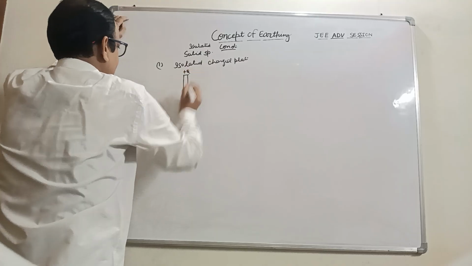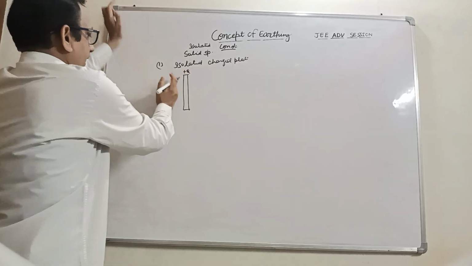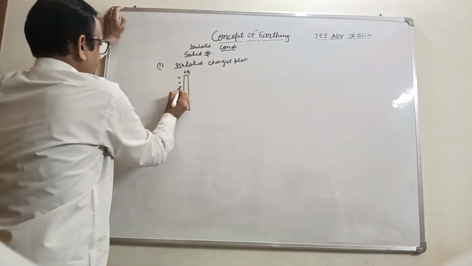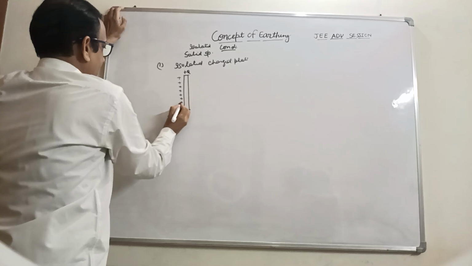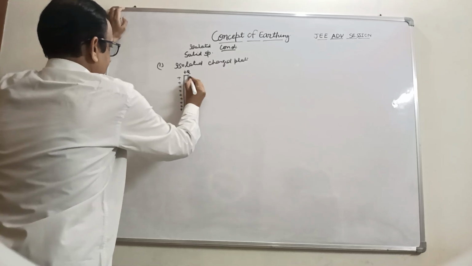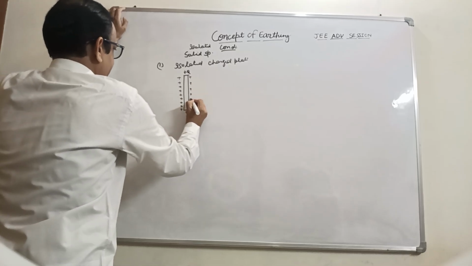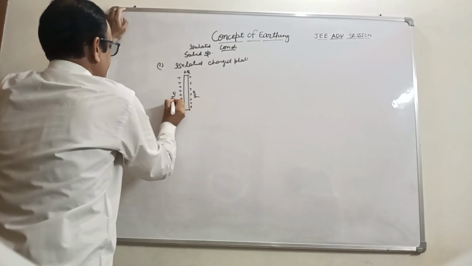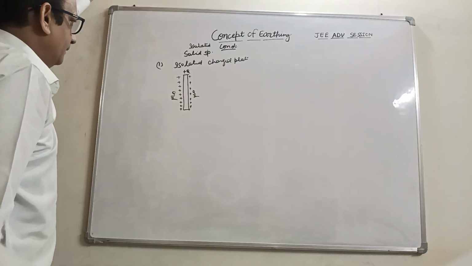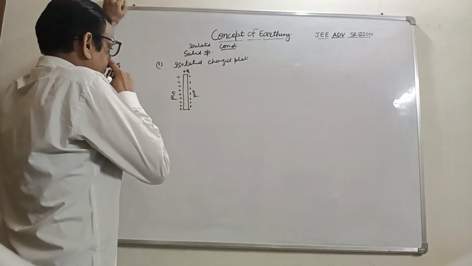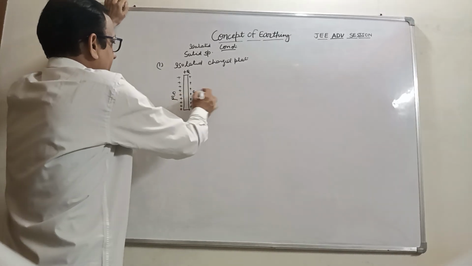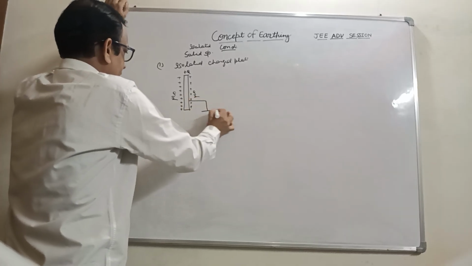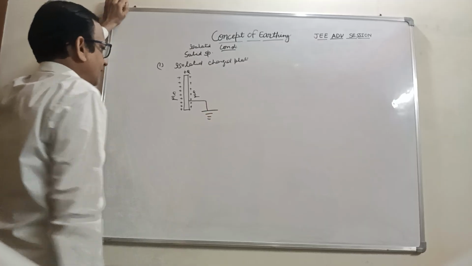Suppose charge Q is here, so we know plus Q/2 charge is distributed on both faces, inner and outer. This is Q/2, this is also Q/2. Thereafter, we have earthing done. Suppose this is the situation; we have earthed here.